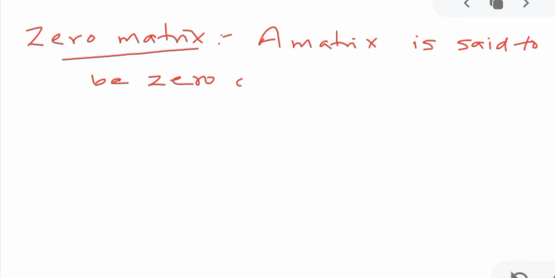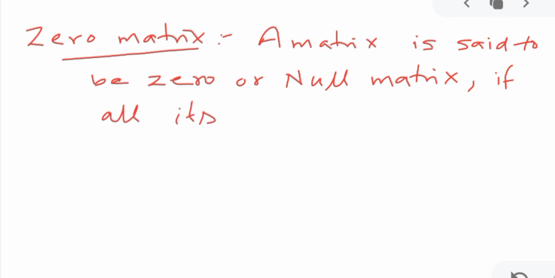Zero or null matrix, both are the same. Null means zero only. A matrix is a zero or null matrix if all its elements, meaning elements of the matrix, are zero.